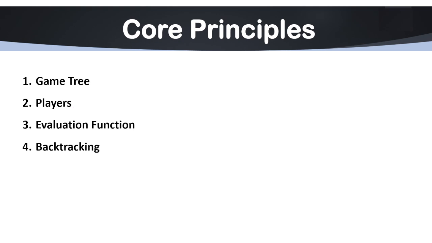So if we talk about game tree, it represents all possible states of a game starting from the current state, and each node corresponds to a game state, and each branch represents a possible move. That is the game tree. Another is players.